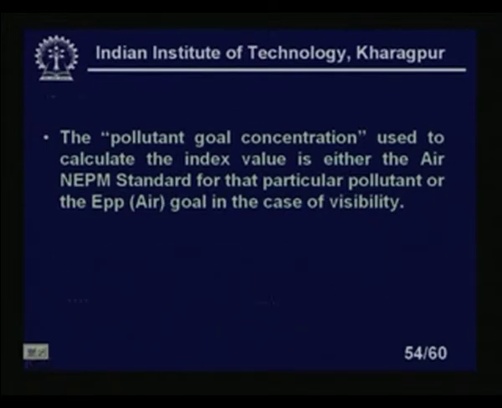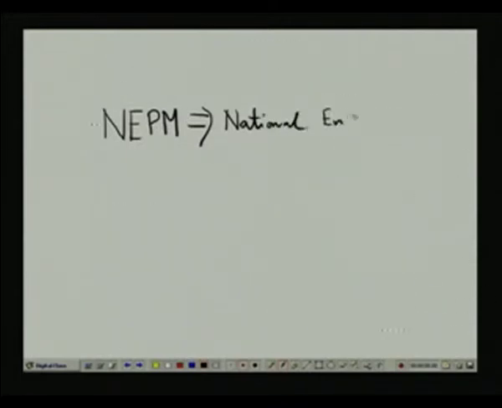Let us look at what NEPM and EPP are. NEPM is the National Environment Protection Measure. Every country has this thing.